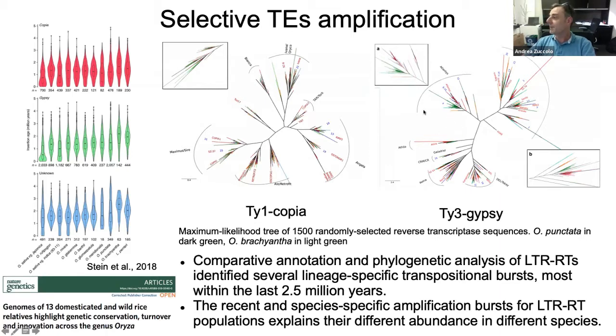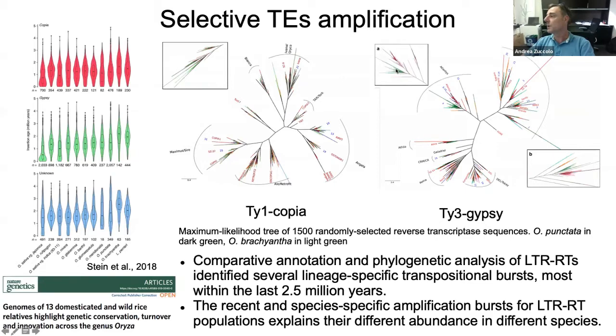And analyzing them, we were able to spot some lineage-specific transpositional bursts. Like in this case, all these green branches refer to the amplification of the Atlantis element in Oryza punctata.